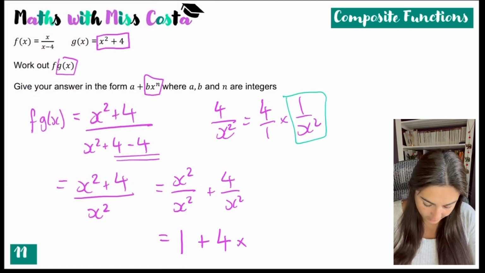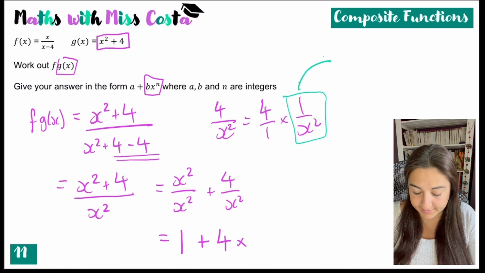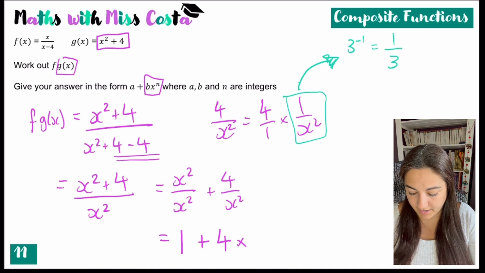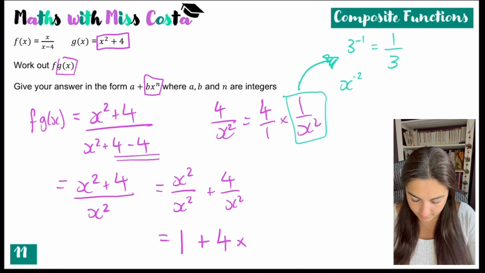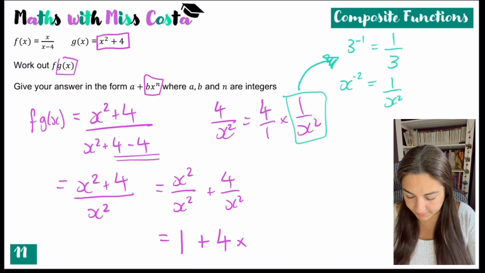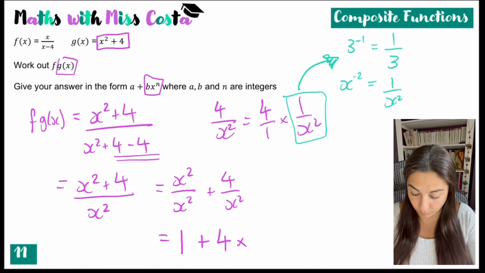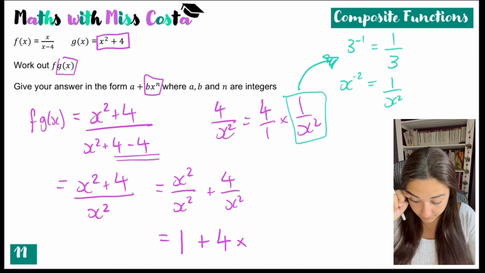Okay, and how could I write 1 over x squared? That's the reciprocal of x squared. So like when we have fractions, if I said what's 3 to the power minus 1, that's 1 over 3. Similarly, if I said what's x to the power of minus 2, that would be 1 over x squared. It's the reciprocal, it's 1 over that thing.